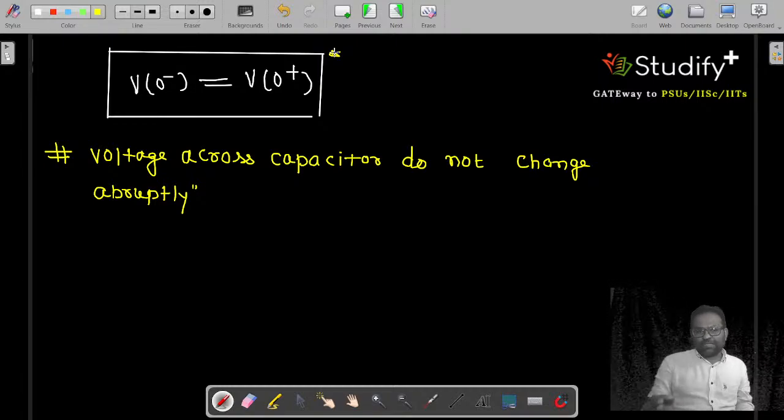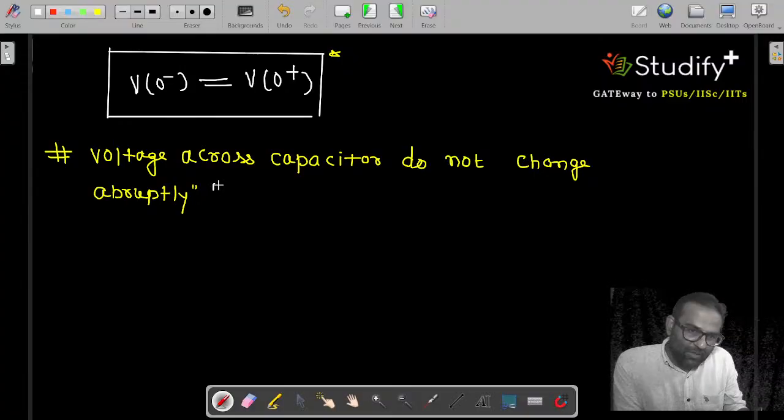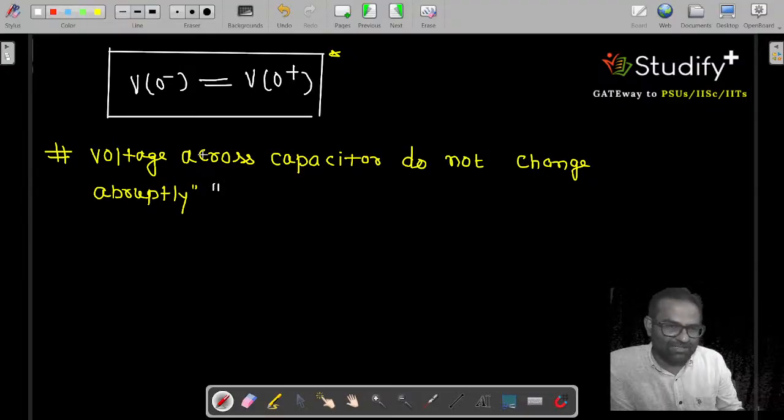In the same way, we are doing it for the capacitor now. The other energy storing element we have is the capacitor. Across a capacitor the voltage does not change abruptly, but there is no such rule for the current in the capacitor. You can apply this concept to the voltage across the capacitor, but this statement is not valid for the current.